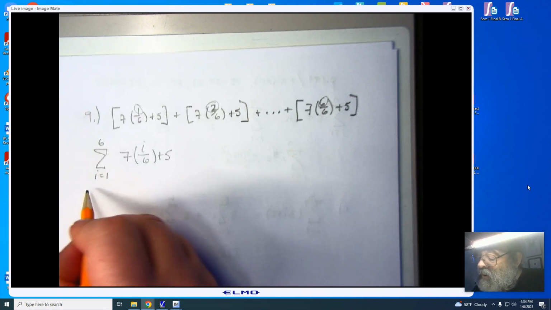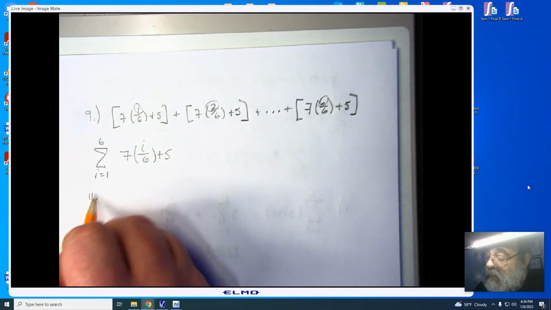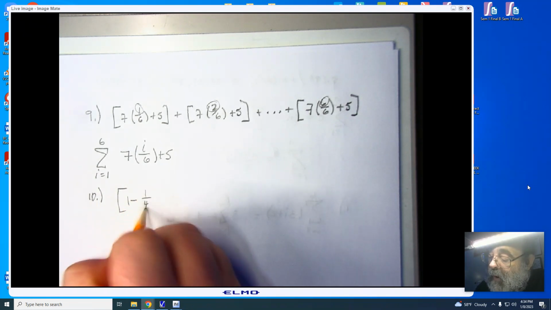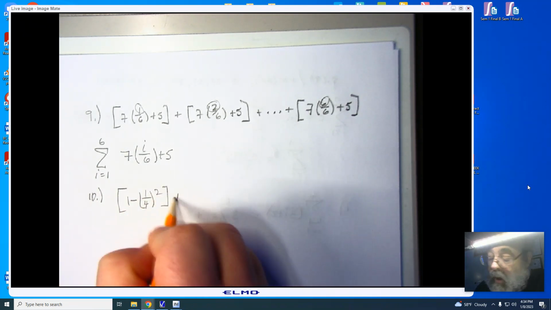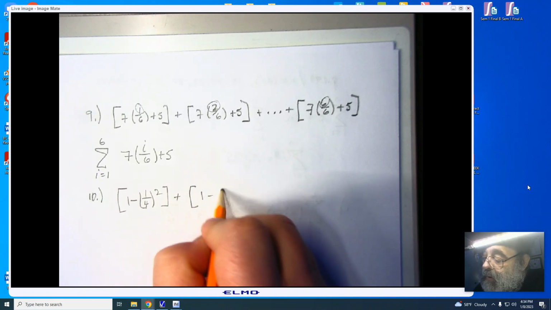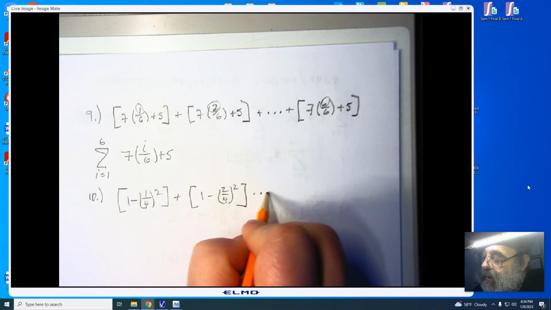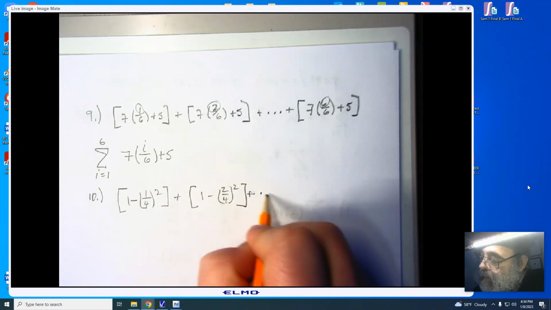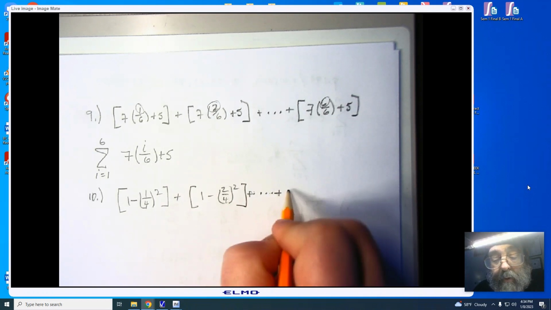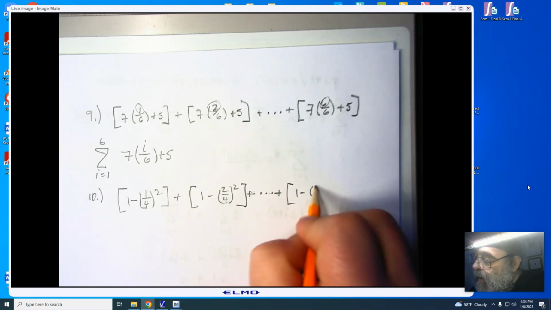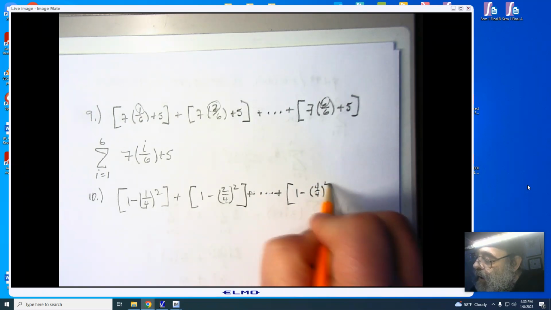Let's just take one more. Let's do number 10 just because. We're looking at 1 minus 1 over 4, the quantity squared, plus 1 minus 2 over 4, the quantity squared, and this is continuing dot, dot, dot, all the way up to 1 minus 4 over 4, the quantity squared.